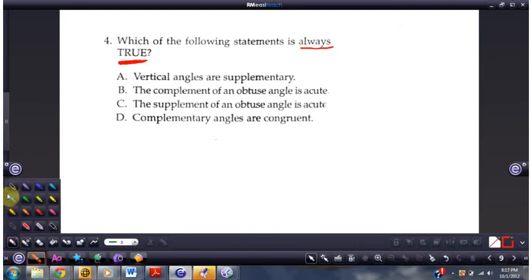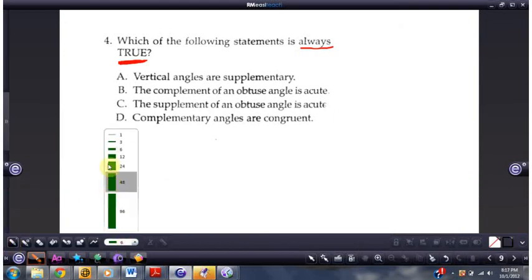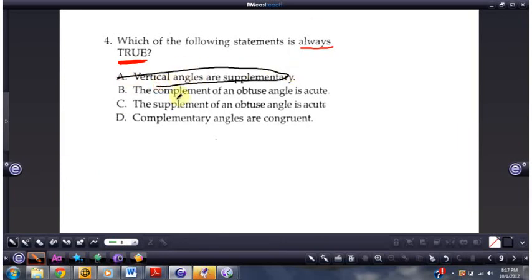Now, the complement of an obtuse angle is acute. Okay, first of all, that word complement. Complement means the angles add to 90 degrees, right?